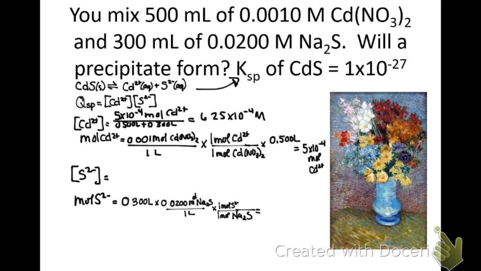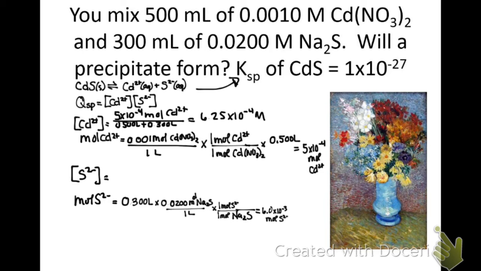Okay, so if we do that, I get that that ends up with 6 times 10 to the minus third moles of sulfide ion.